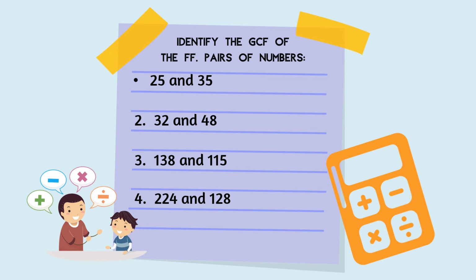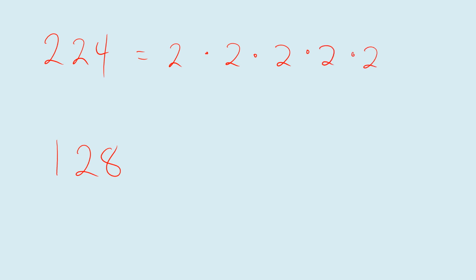So for the last pair, we have 224 and 128. For 224, the factors are 2 times 2 times 2 times 2 times 2 times 7.